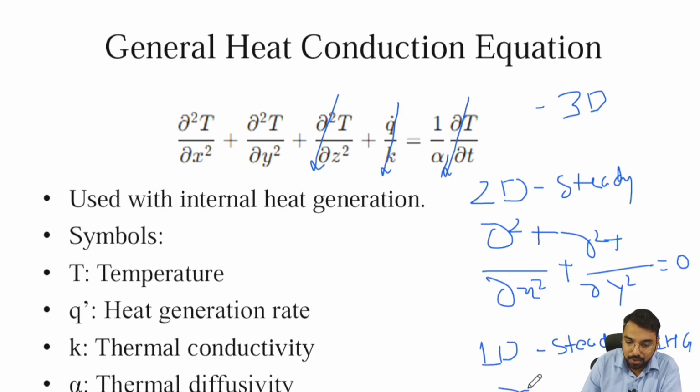So dou square T divided by dou x square is equal to 0. This is the one-dimensional steady state equation without internal heat generation. Simple as that. So here we are simplifying the three-dimensional equation to the one-dimensional or two-dimensional equation.